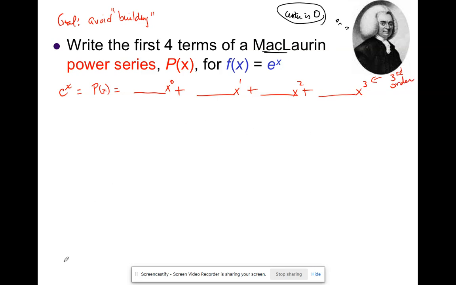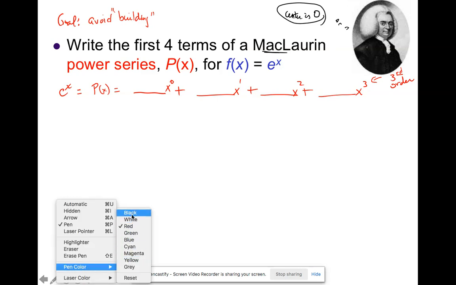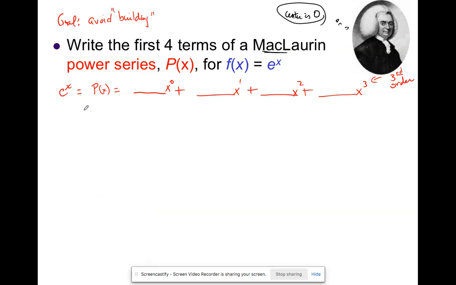Now, how do I get those values? We need f at the center, and we need f prime at the center, and f double prime at the center, and f triple prime at the center. Love e, because e is its own derivative, so f of 0 is e to the 0, which is 1.